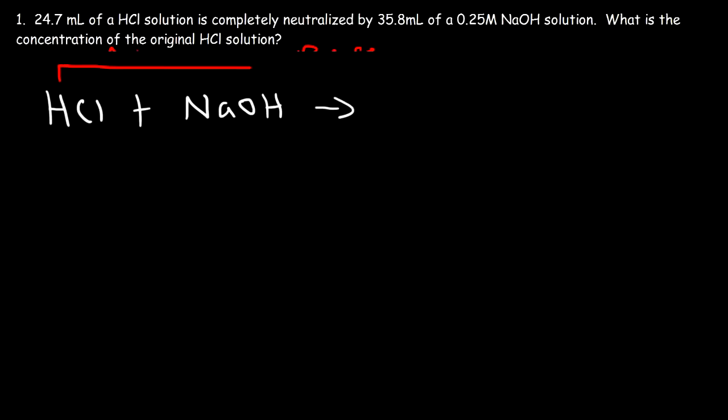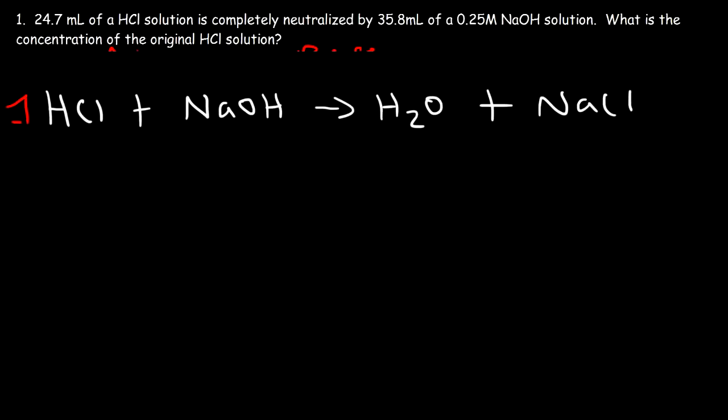So H is going to pair up with OH, producing liquid water, and then Na is going to pair up with Cl, producing sodium chloride. So these two react in a 1-to-1 ratio. The molar ratio is what we need in the balanced chemical equation.